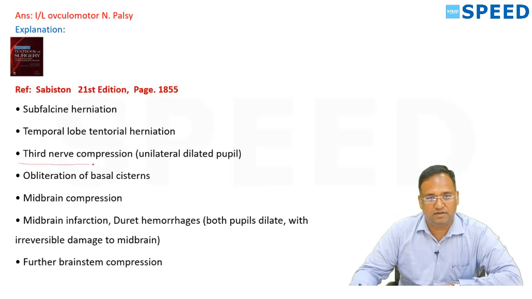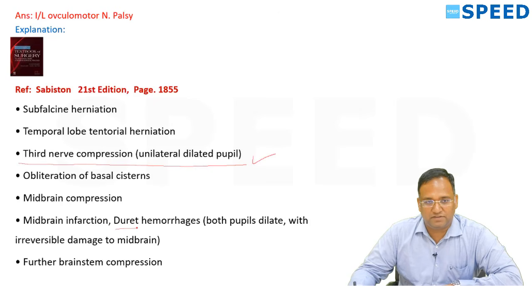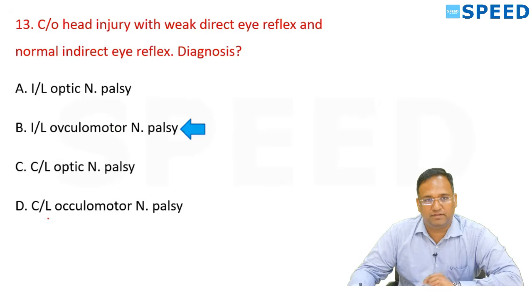Third nerve compression will cause a unilateral dilated pupil. Then midbrain infarction and Duret hemorrhages, both pupils dilate with irreversible damage to the midbrain. So, ipsilateral oculomotor nerve palsy will be the most appropriate answer for this question, if the question and options are right.